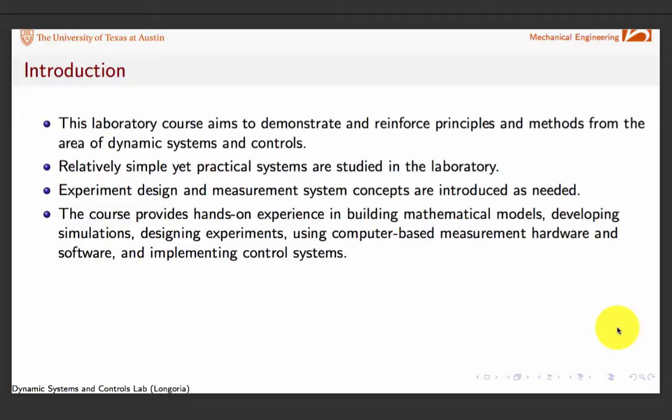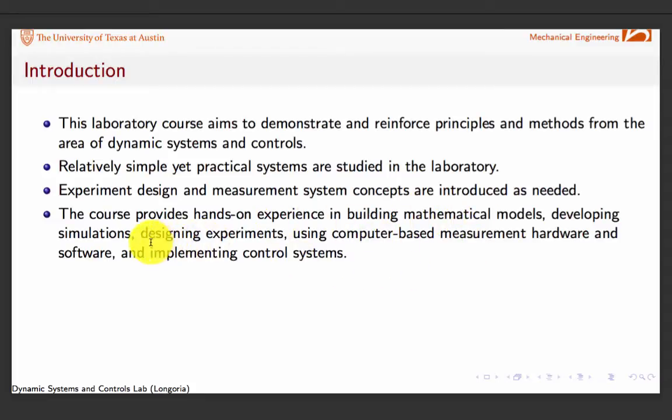We also try to have you experiment with designing experiments, and sometimes that means understanding the system well enough, and that might come through the process of modeling the system in the way that you'll learn how to model them in the ME344 lecture. So in summary, the course really wants to provide hands-on experience in building models.